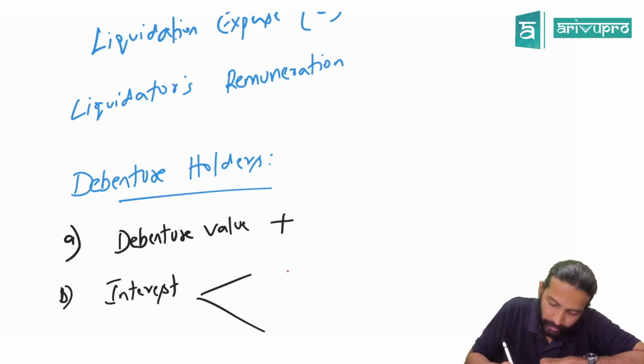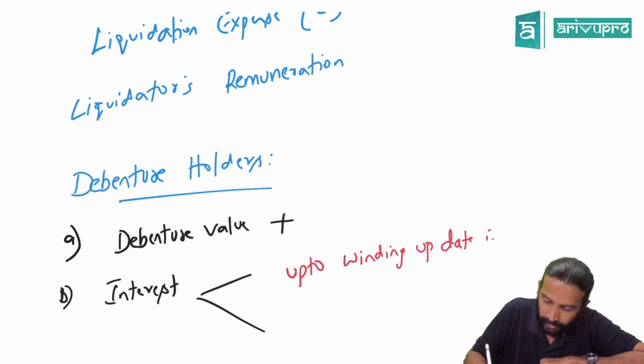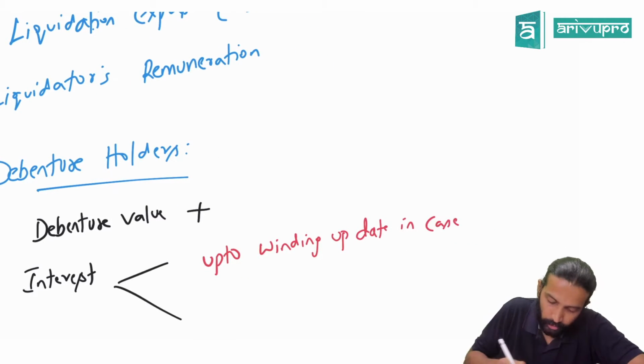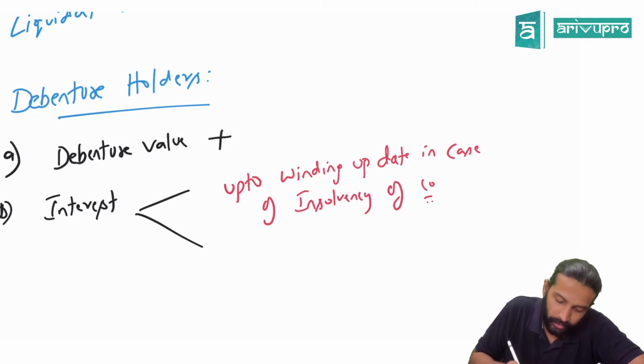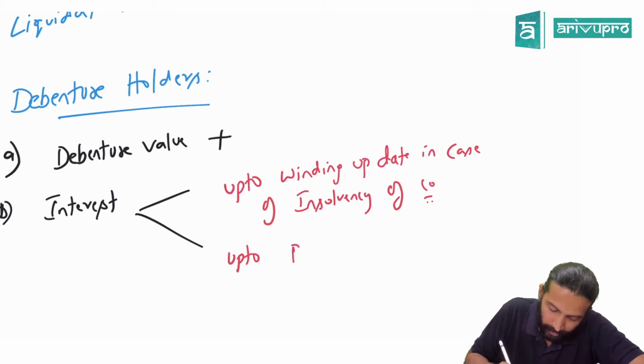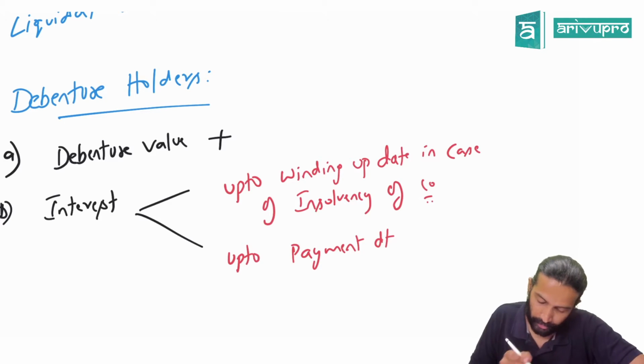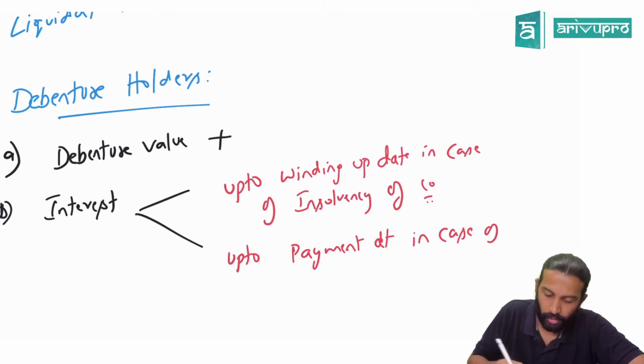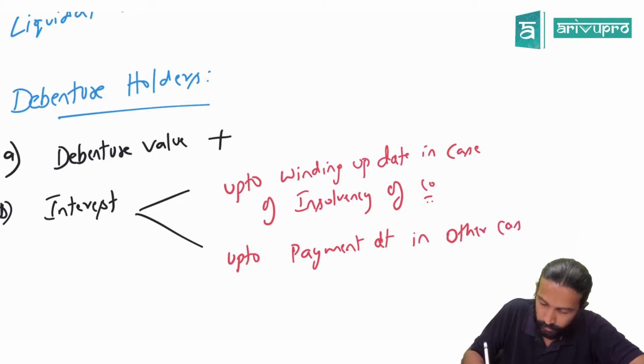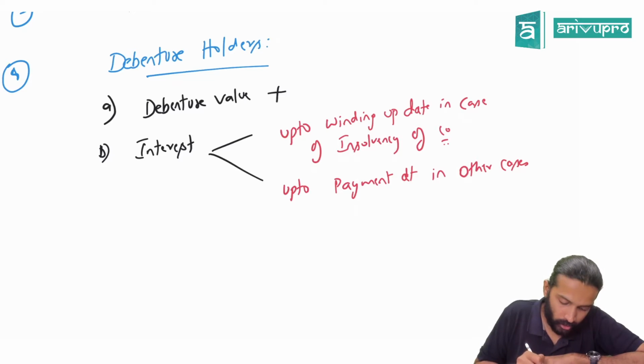Interest you will pay up to the date of winding up or liquidating date in case of insolvency of the company, and interest you will pay up to the payment date of debenture holders, or up to payment date in other cases. This is for your debenture holders.